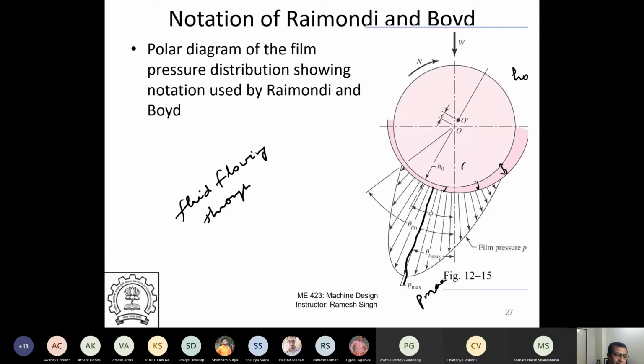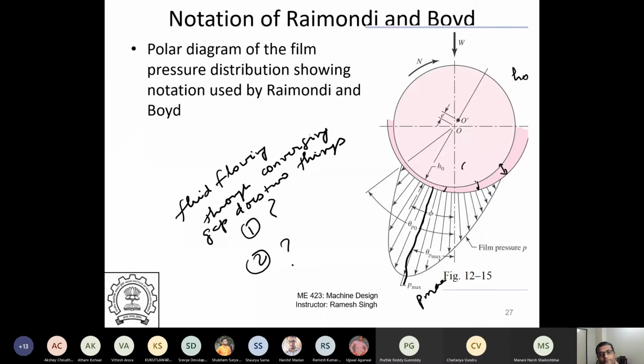So the fluid flow through the converging gap does two things. What? Tell me. What does it do? One and two.